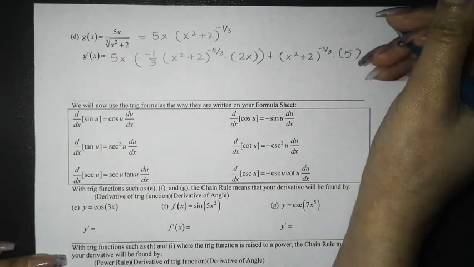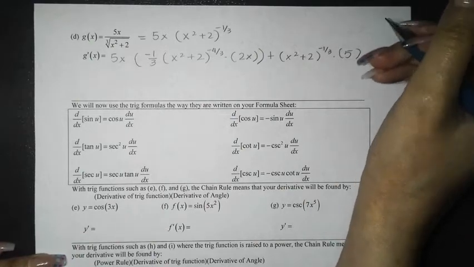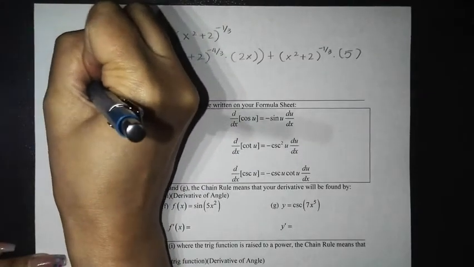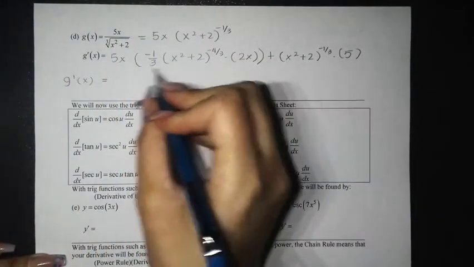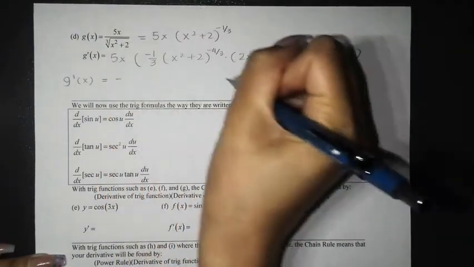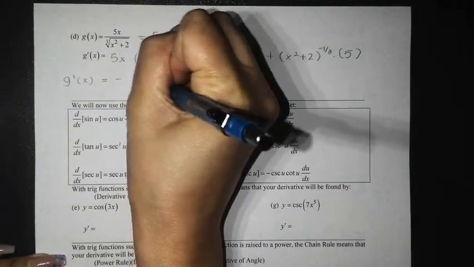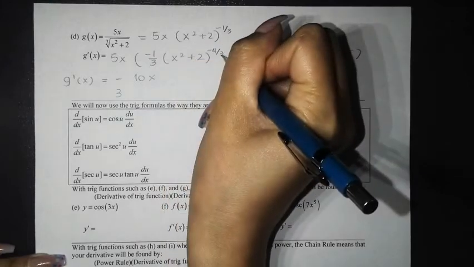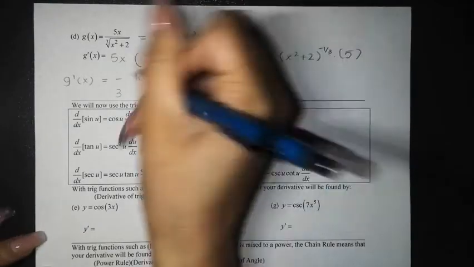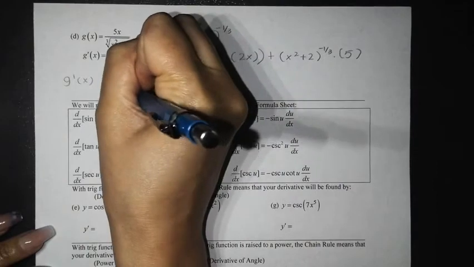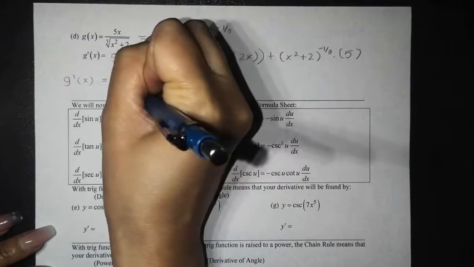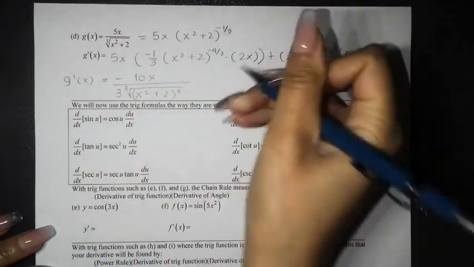Obviously here we need to simplify, okay? So here I'm going to simplify. So g prime of x is going to be equal to negative 10x over 3 times the cube root of x squared plus 2, to the power of 4, and you have this piece.